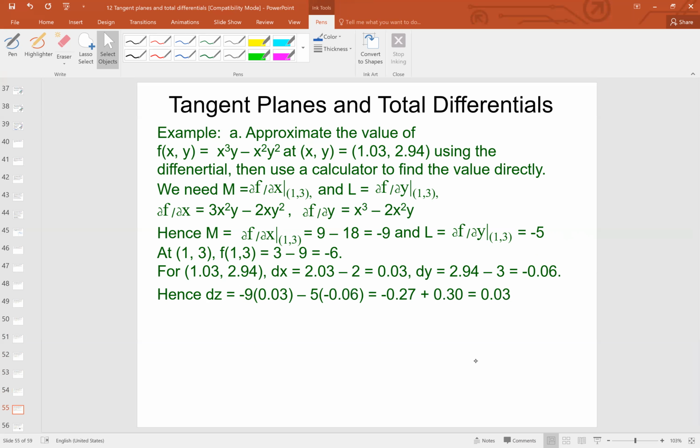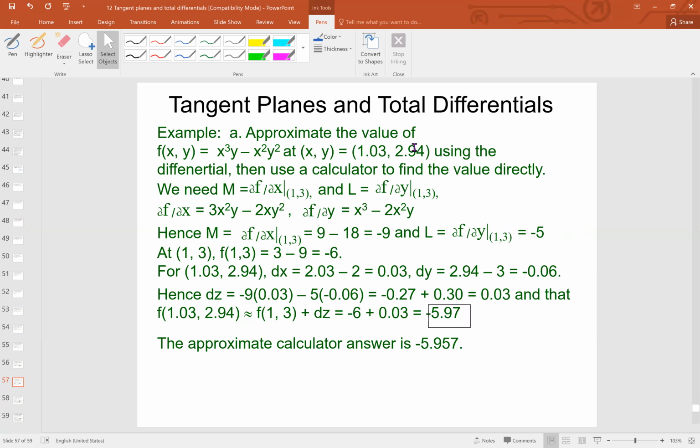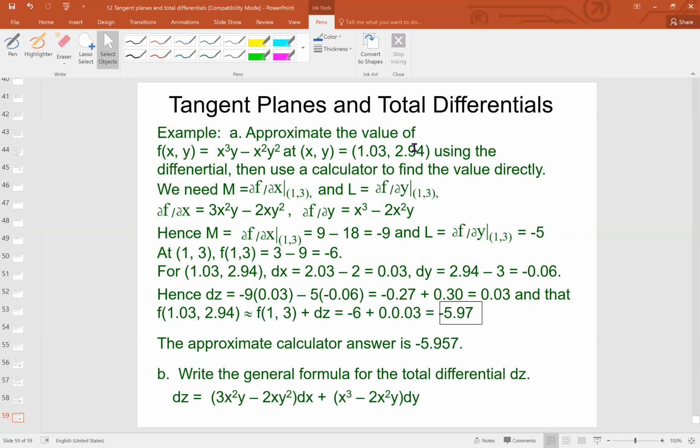So I get the total differential, the change is that much, added to the original output at 1, 3. The original output at 1, 3 is minus 6, so plus the change, the approximate value we arrive at is minus 5.97. If you type it in the calculator, you get fairly close. So it's a good approximation. So that's what the tangent plane is good for, these total differential approximations. Okay, that's it, and see you next time. Bye-bye.